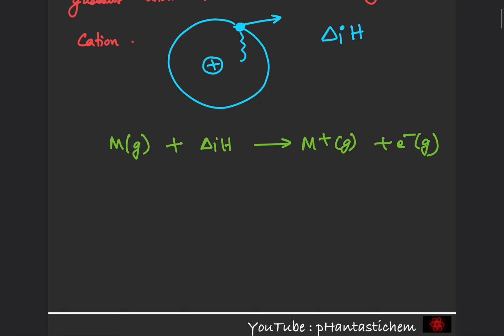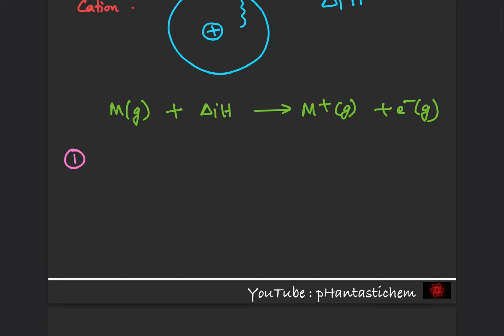So you can see we start with a gaseous atom and then we give ionization energy or ionization enthalpy to this gaseous atom, and then it loses one electron, and in that process it converts into a gaseous cation.